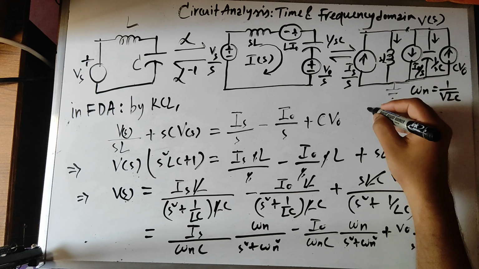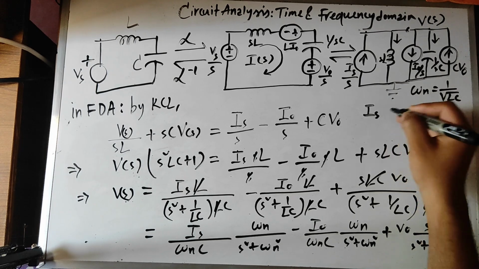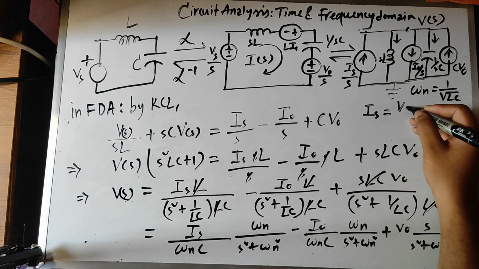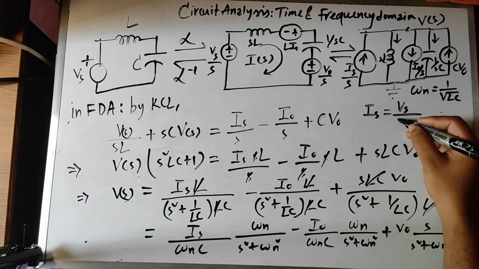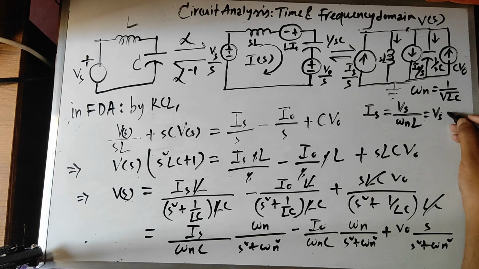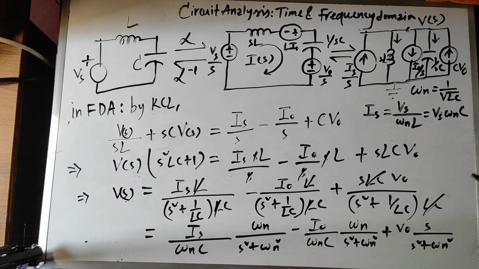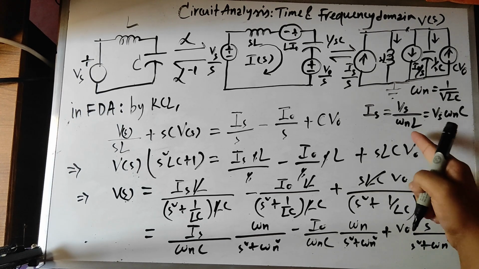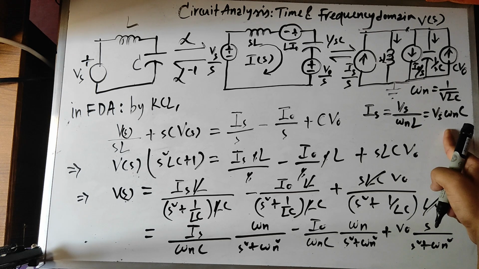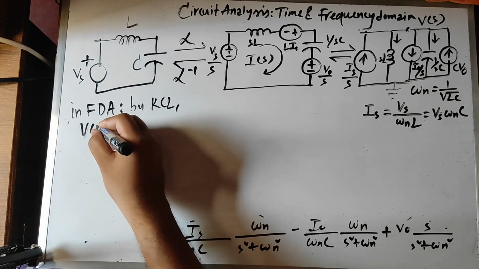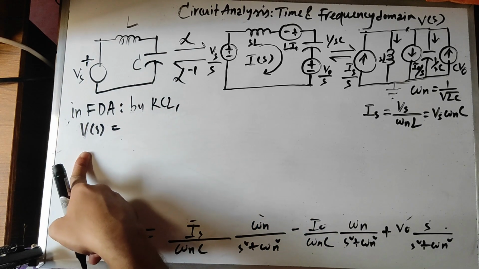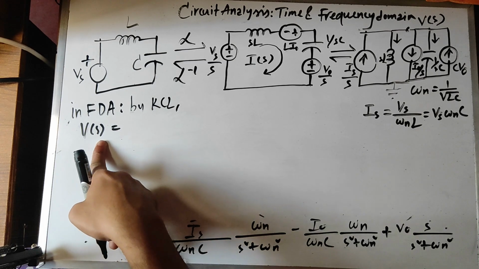We know that Is is Vs by omega n L or Vs omega n C. We're going to use either of these two formulas, where Vs is the voltage response in the frequency domain.